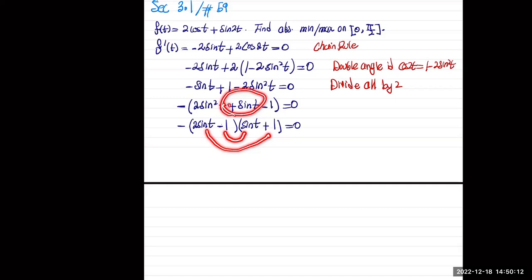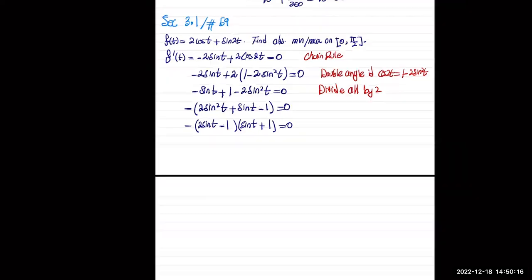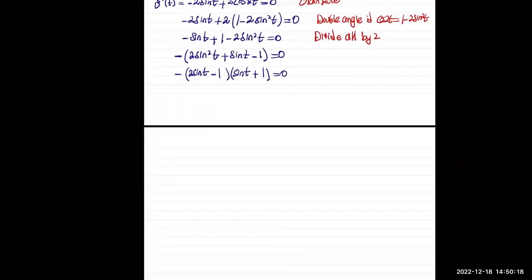So this factorization works out. Okay, we have 2 factors that each equal to 0. This gives us sine of t equal to 1/2. And the second one gives you sine t equal to -1.